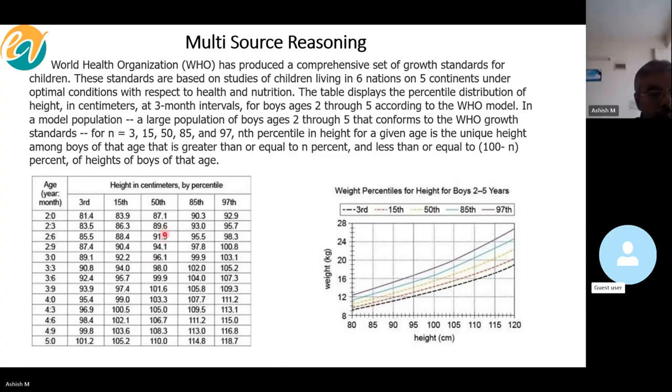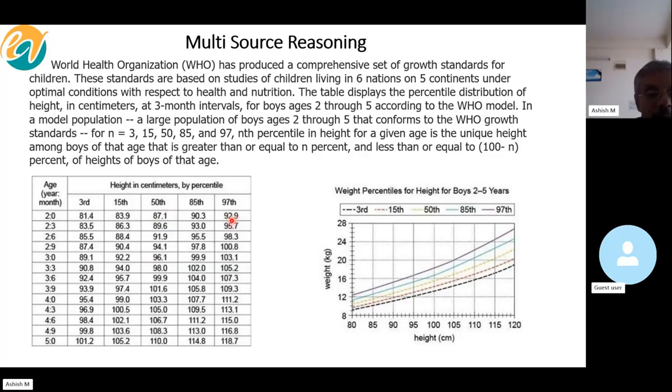What it is basically saying is, notice, at the age of 2 years and 0 months, 81.4 centimeters is the third percentile. 83.9 is the 15th percentile. 87.1 is the 50th percentile, and so on.